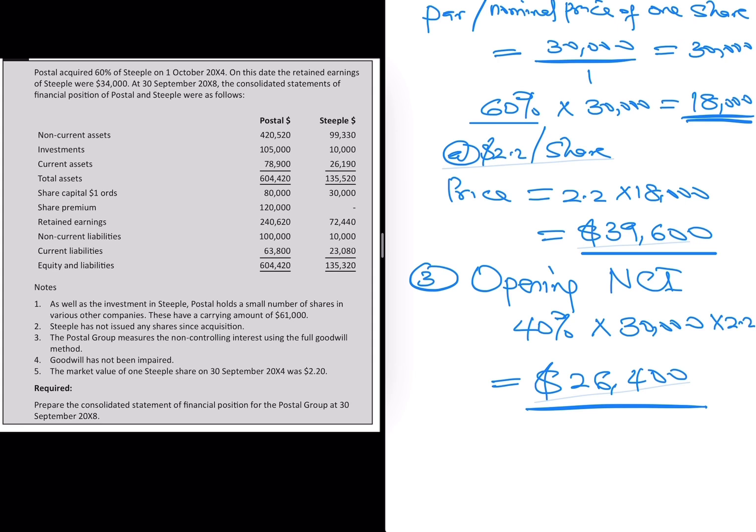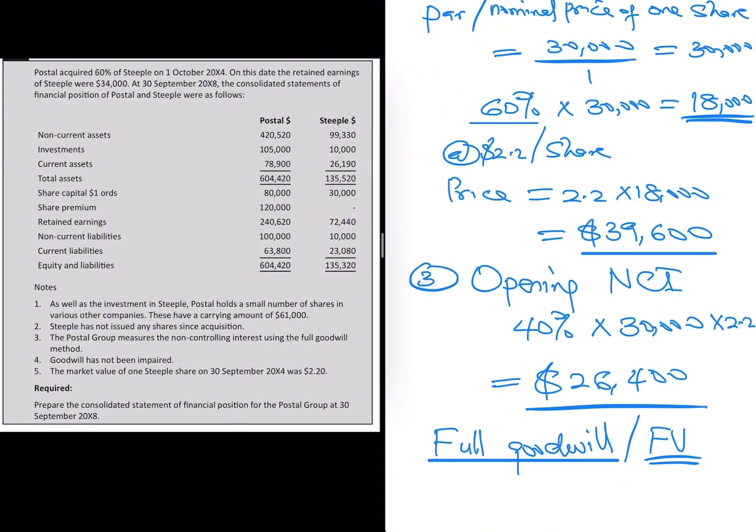And remember, we have used this fair value method because they have told us in the question that the Posta group measures the non-controlling interest using the full goodwill method. Anytime you hear full goodwill method, full goodwill means using a fair value approach. Please take note. Because if it was not a full goodwill, if it was not a fair value approach, then the opening NCI would just be 40% of net asset of Staple at acquisition.